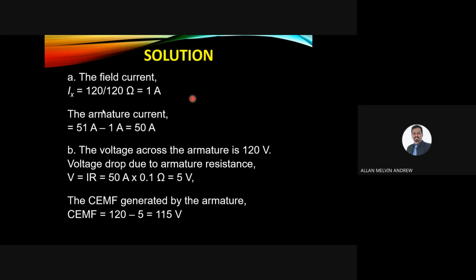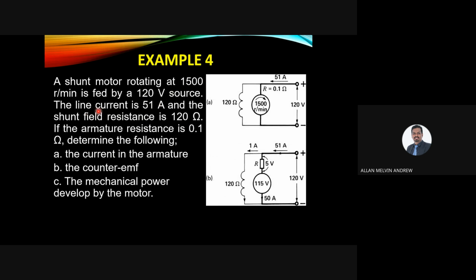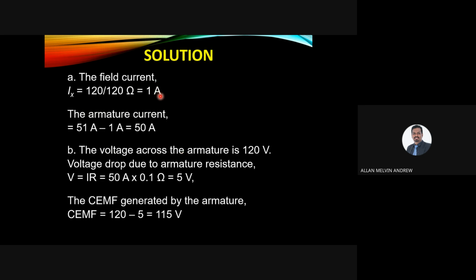IF equals 120 over 120, so 1 ampere. The line current is 51, so we need to minus the field current 1. So 51 ampere minus 1 ampere is 50 ampere.